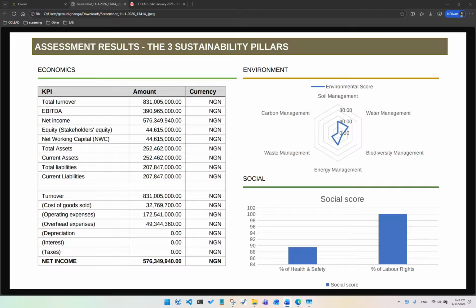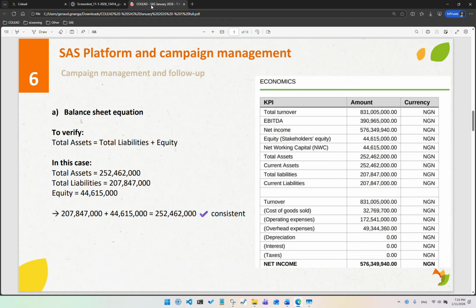From my experience, always begin by checking the basic accounting consistency. First, verify that the balance sheet equation is respected, meaning that total assets must be equal to total liabilities plus equity.